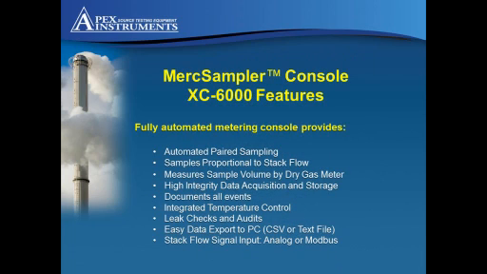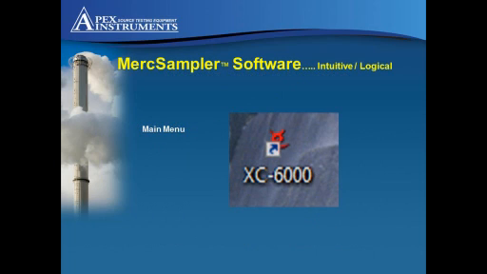Key features of an automated PS12B type system as required by the standard. I think most probably high integrity data collection, making sure that none of the 7-day test information is lost for any reason. The control software, once it's installed on the laptop, is accessed by an icon on the computer desktop.